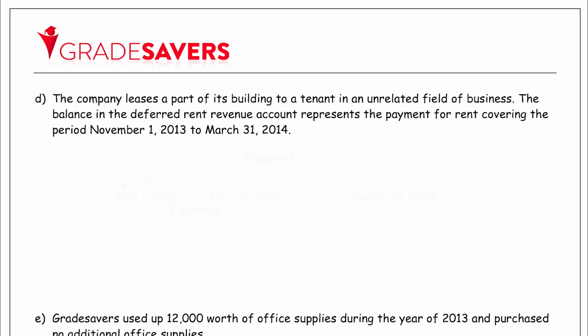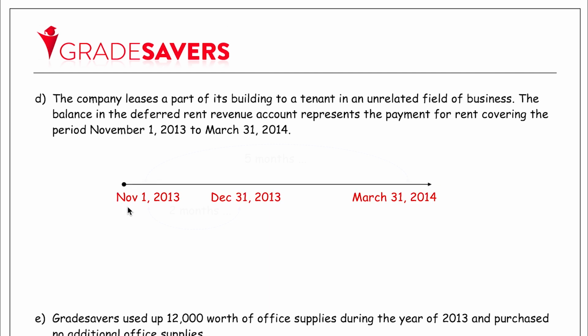And so at this point, what would be pretty useful is first to simply set up a timeline where we see what date was the lease set up, what date we are at today, which is December 31st, 2013, and when does this lease or prepayment sort of end, which is March 31st, 2014. So at this point, it should be obvious to us that the person had prepaid for a total of 5 months.